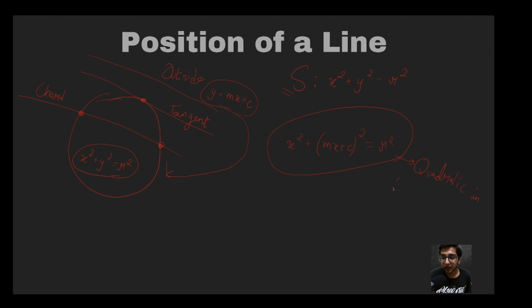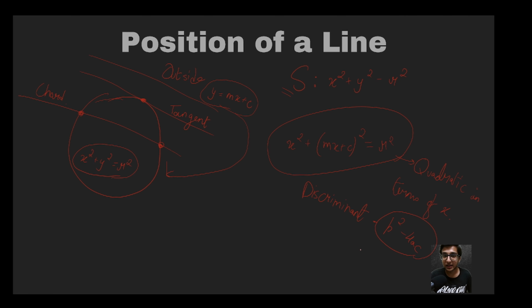Now I hope you all remember that whenever we used to find out the discriminant, that used to be b square minus 4ac.